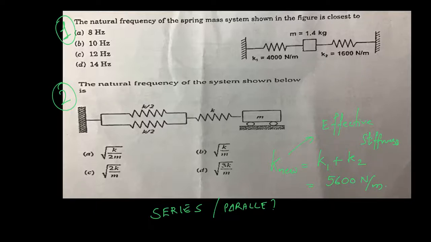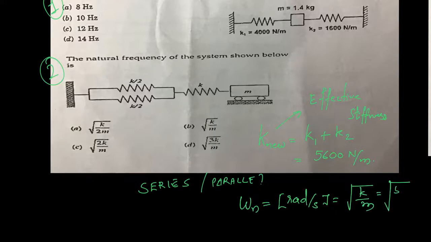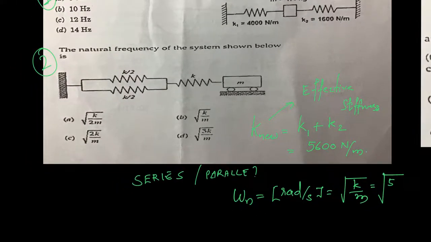Okay, now the rest is just plug and check, because you know omega n, whose unit is radians per second, is given by root k by m. That will be 5600 divided by 1.4. But remember, they are asking the answer in hertz.